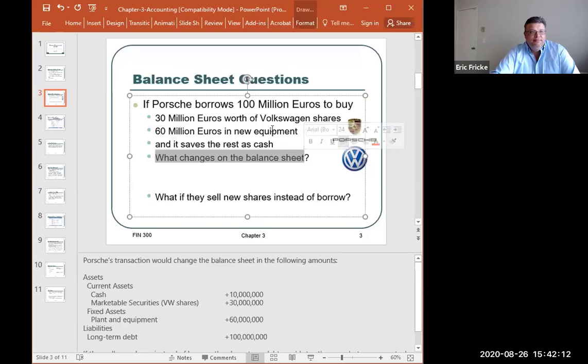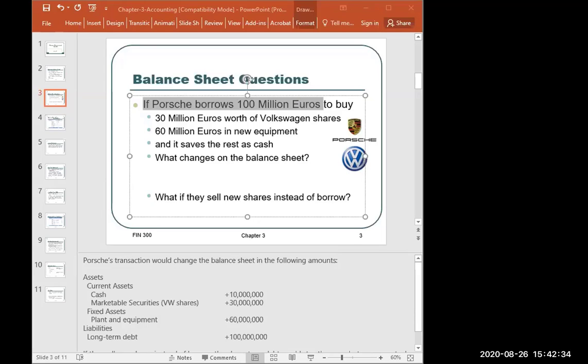Okay, so let's take the first question here. When a company borrows money, where do you see that on a balance sheet? What on the balance sheet changes when a company takes out a loan?